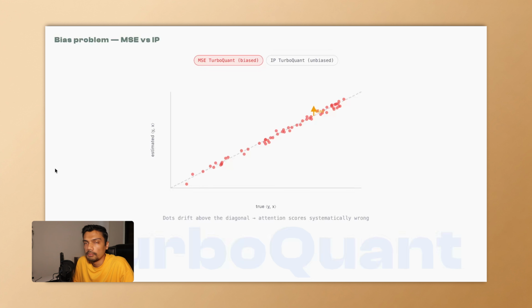And the paper proves something counterintuitive. That is, MSE-optimal quantizers are biased for inner product estimation. Here is the intuition. When we quantize a coordinate x_i, we round it to the nearest centroid c_k. The rounding error, that is e_i equals c_k minus x_i, is not zero on average.